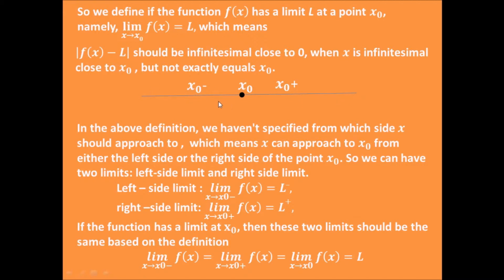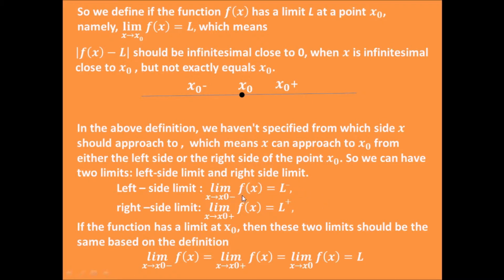So when x approaches x0 from the left side, we get the left side limit L minus. When x approaches x0 from the right side, we get the right side limit L plus. This is the so-called one-sided limit.